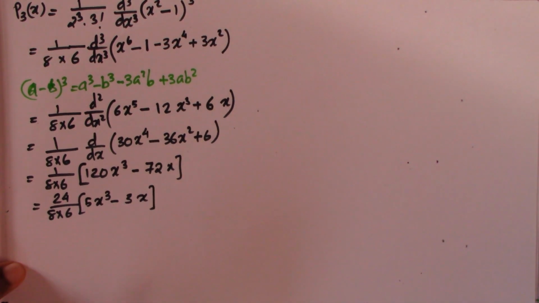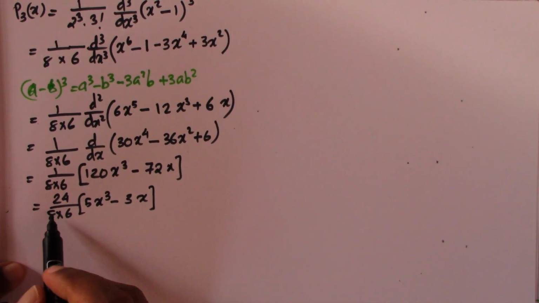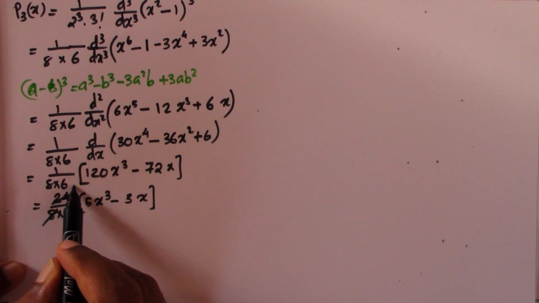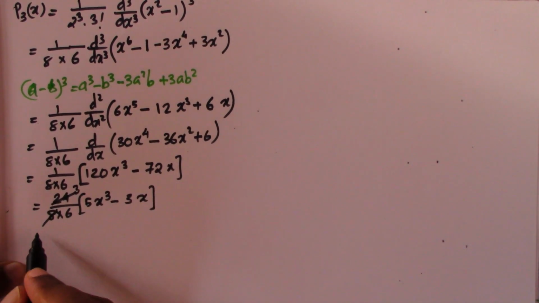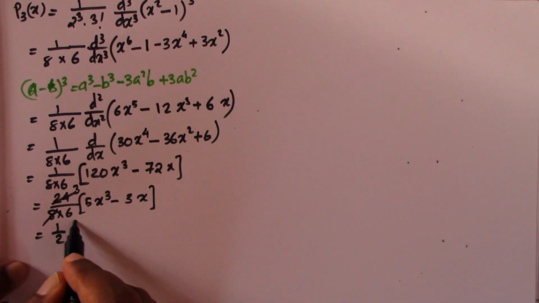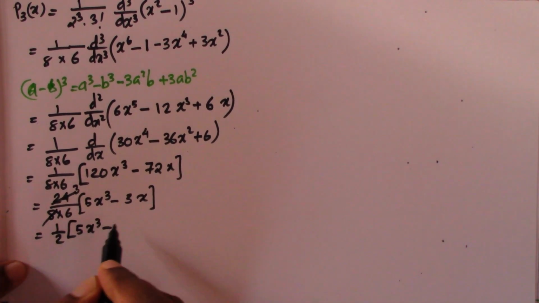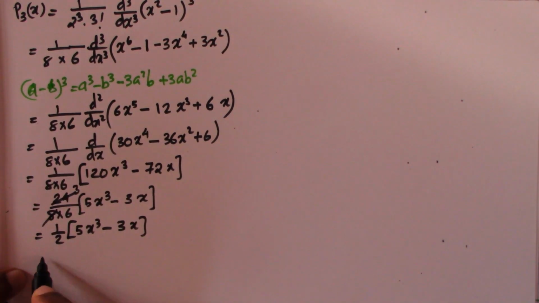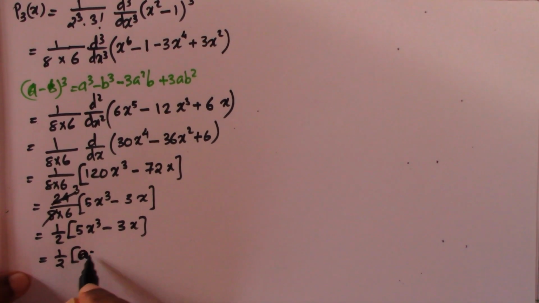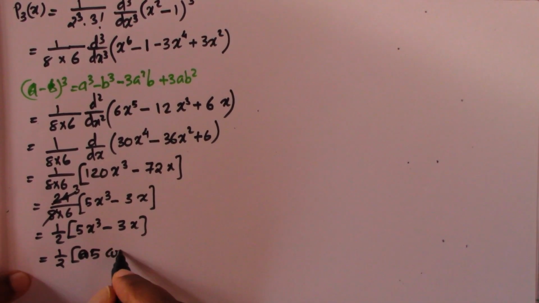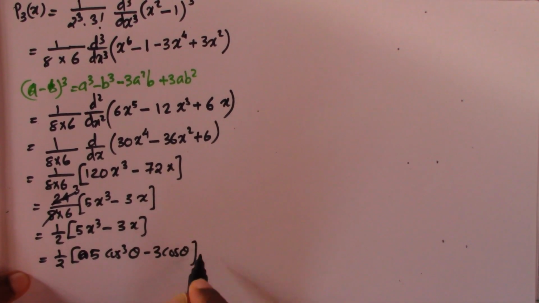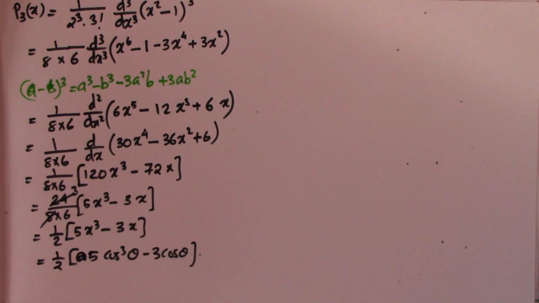Okay, so we can cancel the 8 and 24, then it will be 3 here, so 3 by 6, that is equal to 1 by 2 into (5x cube minus 3x), or in other words P3 cos theta is equal to 1 by 2 into (5 cos cube theta minus 3 cos theta). Okay, that is P3(x).